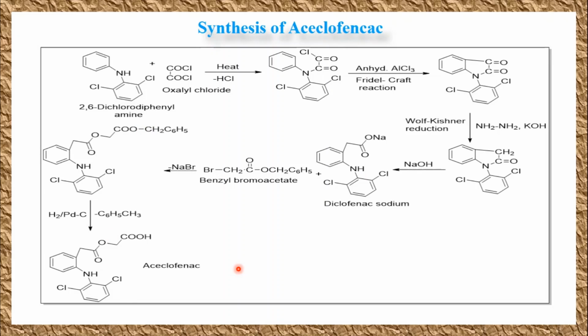We'll see the reaction mechanism, the step-by-step explanation of how each step converts the first compound to the second, and how bond formation and bond breaking take place during the formation of the final product, aceclofenac.